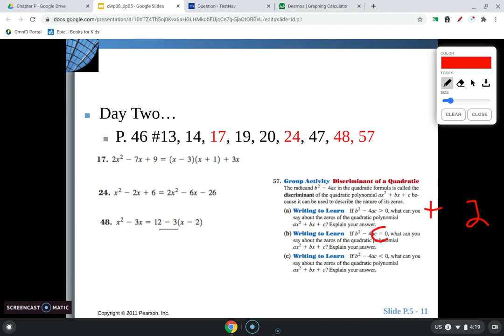If it is equal to 0, what's the square root of 0? Just 0. You're going to get one solution. And if it's negative, can we take the square root of a negative number? You're going to get no solutions. All right.